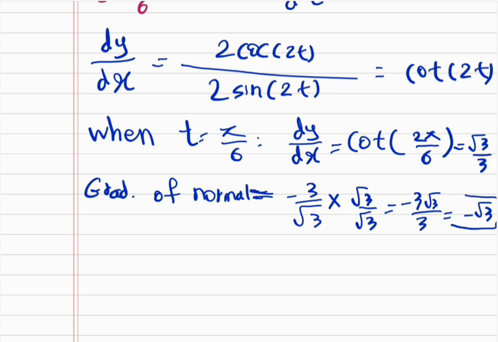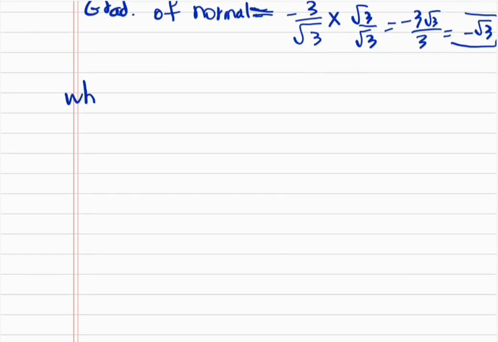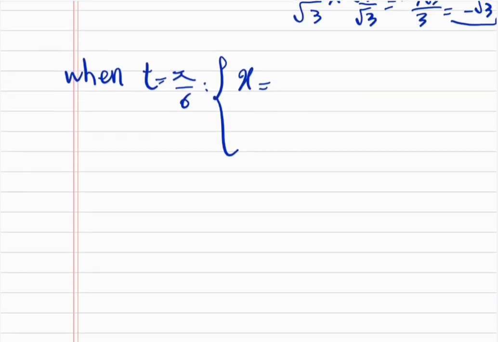We have one more step before finding the equation, which is finding the coordinates of point P. So this step is very simple. If we want to find the coordinates of point P, we just substitute t is equal to pi over 6 into the two equations above, x and y. So when t is equal to pi over 6, x is equal to, so x has the equation 1 minus cos 2t.